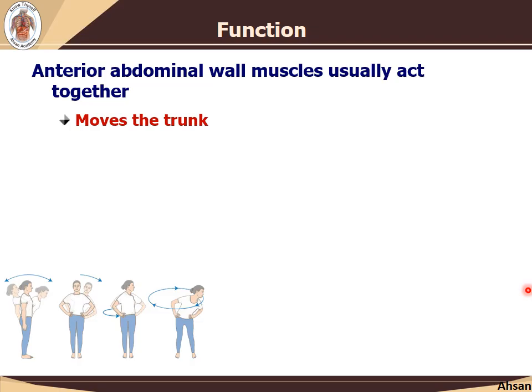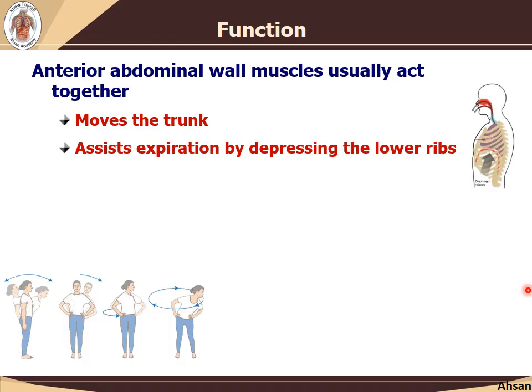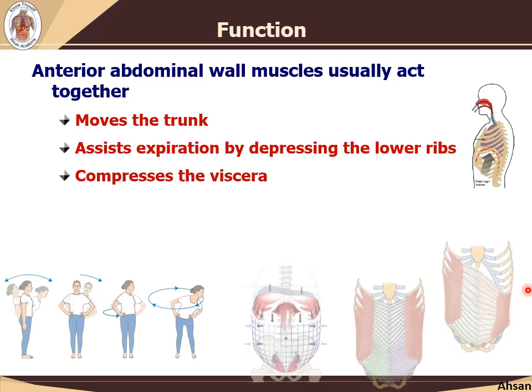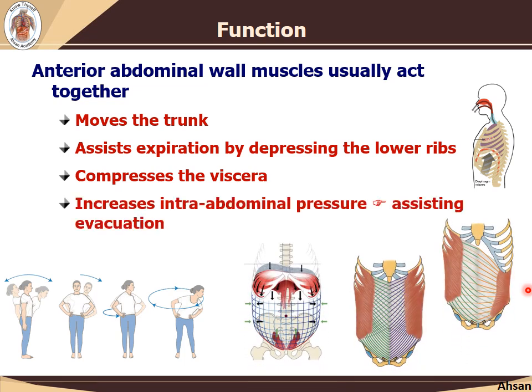These muscles together create tremendous pressure and are also responsible for movement of the trunk. They can pull and depress the ribs and compress the viscera by a tremendous increase in pressure. All these activities are responsible for some physiological activities.